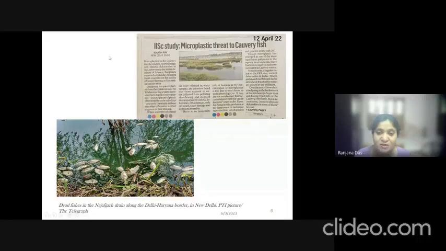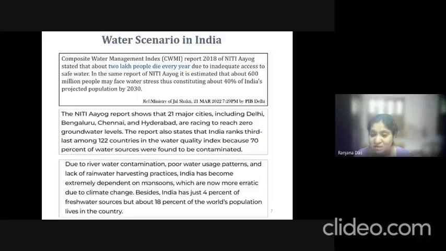This is also a picture published in the Telegraph, of the Nazarkar drain along the Haryana and Delhi border, showing how the fishes have suffered due to the discharge of industrial effluent without any treatment. So the situation is obviously very critical.